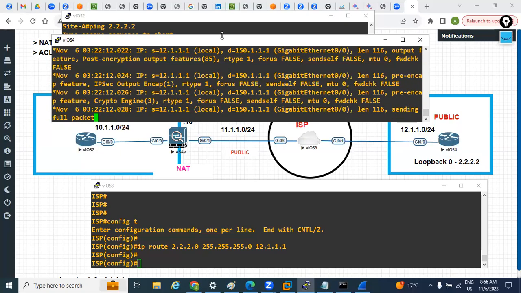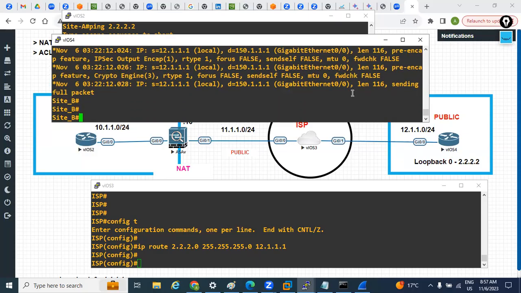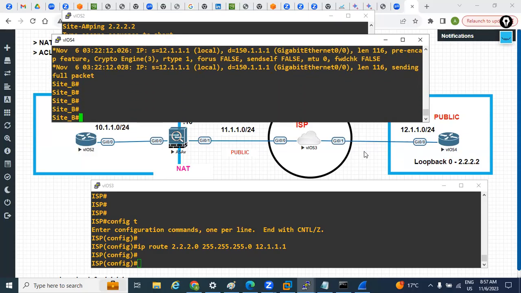Or this feature is also not. We erase it for the 2.2 interface. We apply the ACL for the interface. Where on the interface for 2.2?